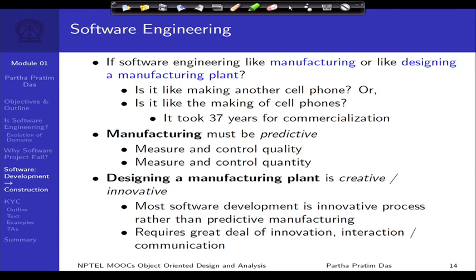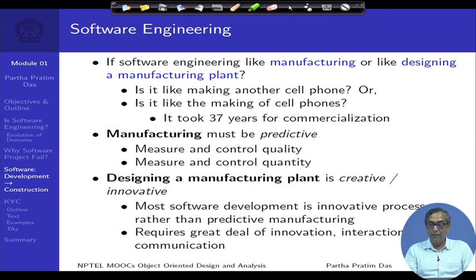These two scenarios are different. And for your statistics, it took about 37 years to make commercial cell phones. Now, the manufacturing process is predictive, it must be predictive, you must be able to measure and control quality as well as quantity. But designing the manufacturing plant is a creative, innovative process.